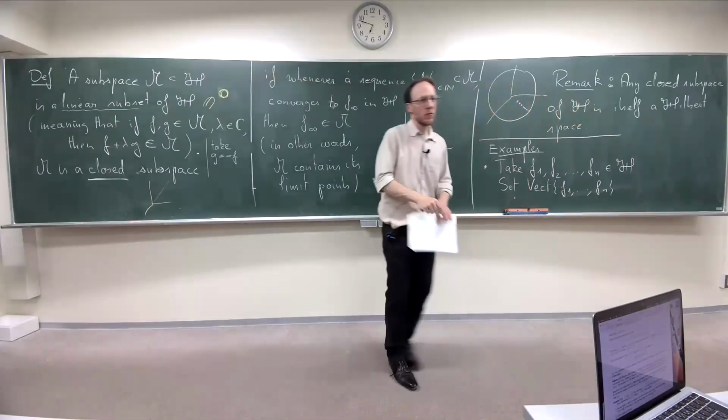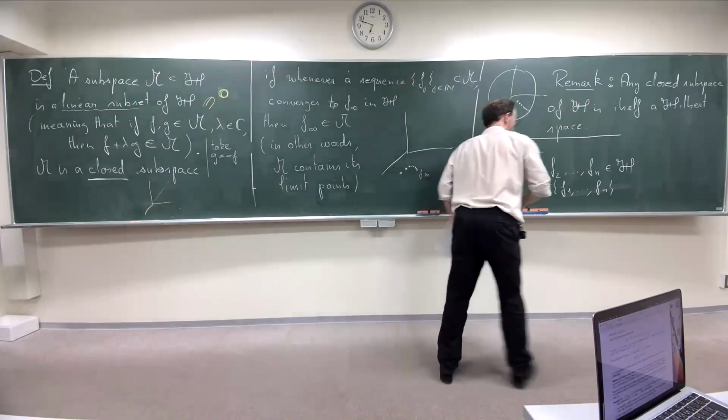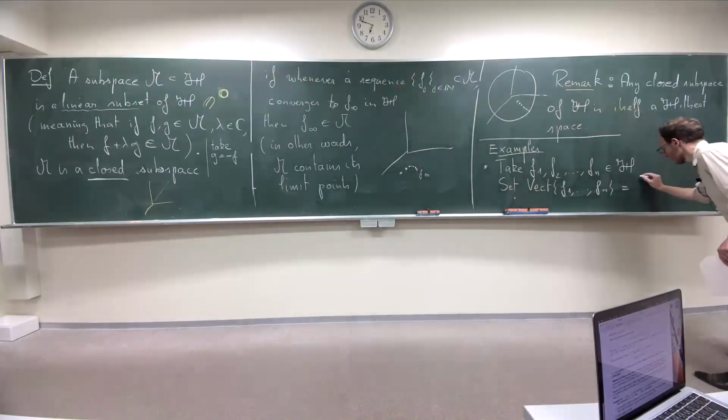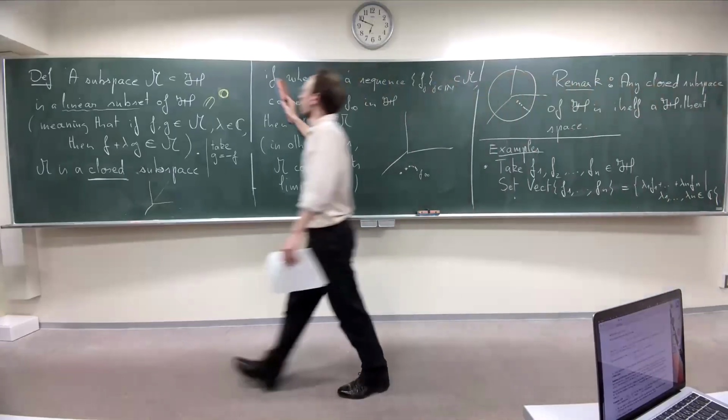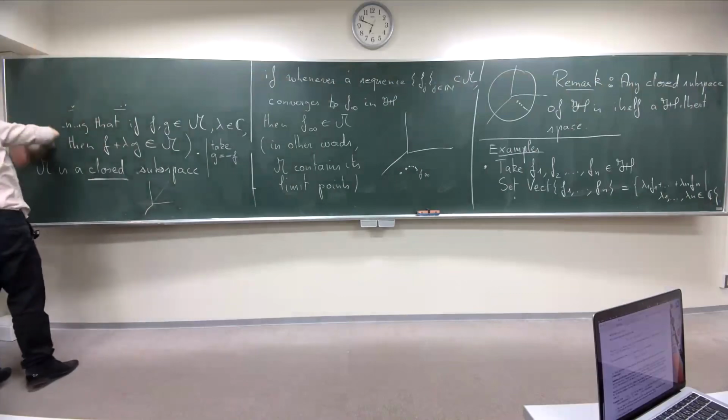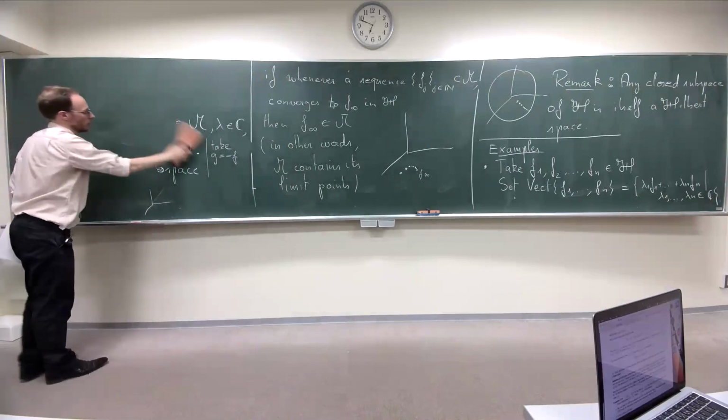What is this? Just a set of linear combinations. This is the set of lambda 1 F1 plus ... plus lambda n Fn for any lambda 1 up to lambda n complex numbers. So this is the vector space generated by these n vectors. By definition, it's a vector space. It's a subspace because it's stable under linear combinations.